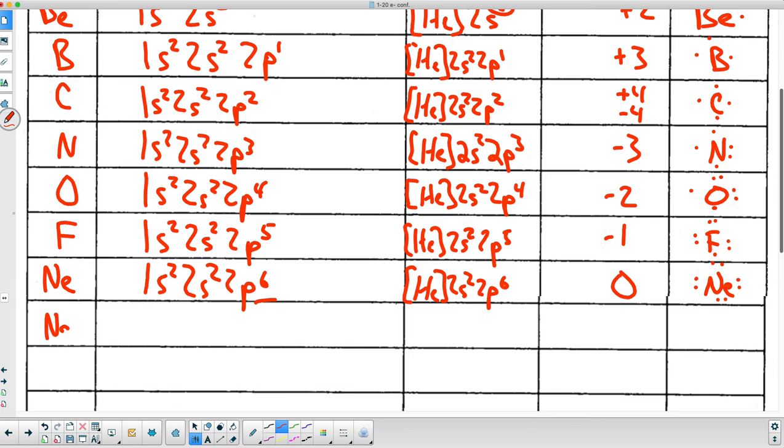Okay, now we get to sodium. Sodium's number 11. Sodium has 11 electrons. The longhand electron configuration looks like we just keep adding. Once we get to 2p6, after that, if you remember, is 3s, and we only need one more. So now I can use neon. We only use noble gases.